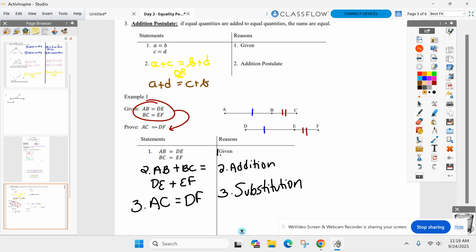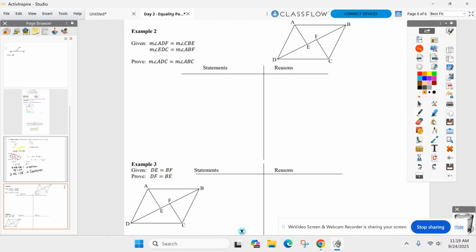Questions on this one? All right, we just did addition for segments. Let me show you how we can do a proof for angles. We can do the same thing for angles now. So first thing up, look at the givens, mark your diagram. Are we putting hash marks this time? No, what are we putting now?